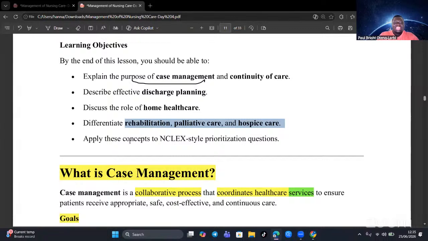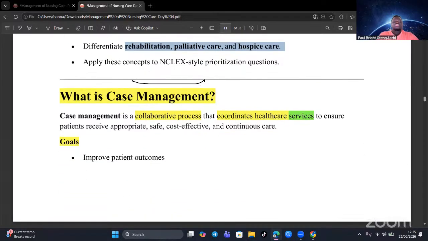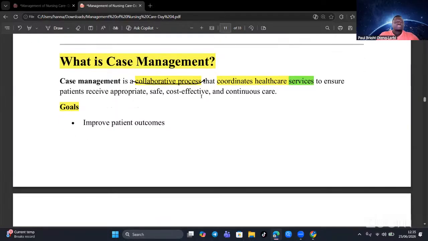Apply these concepts to NCLEX style priority questions. So what is case management? It's a collaborative process that coordinates healthcare services, ensuring the patient receives appropriate, safe, cost-effective, and continuous care.